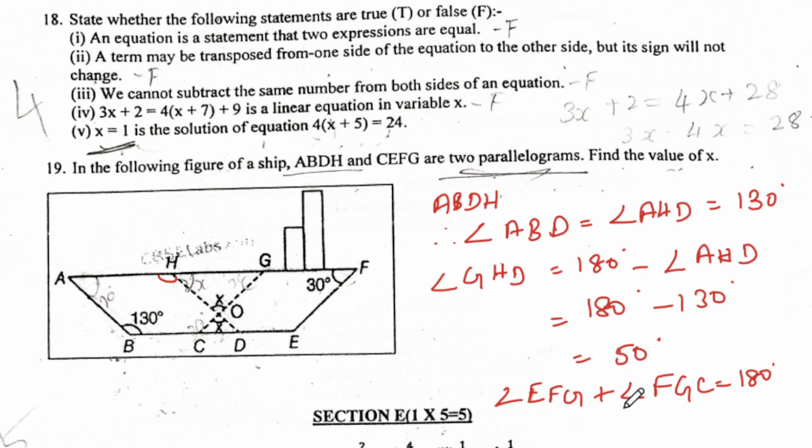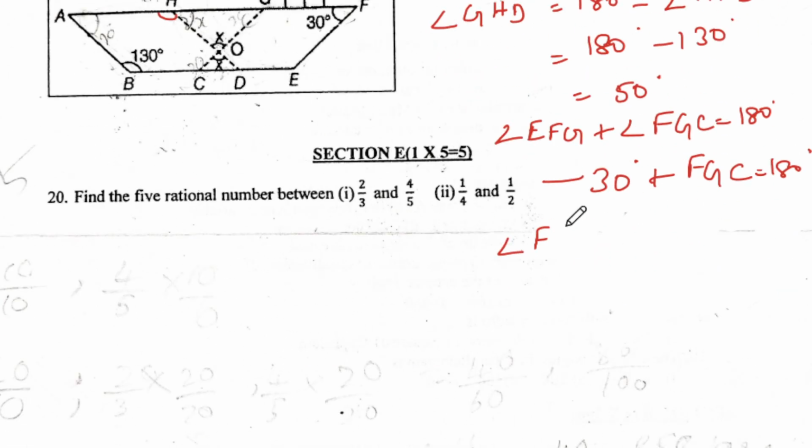So you can also write adjacent angles of a parallelogram are supplementary. Okay, so next we have 30 degrees plus FGC is equal to 180 degrees. So angle FGC equals 180 degrees minus 30 degrees, which is 150 degrees.